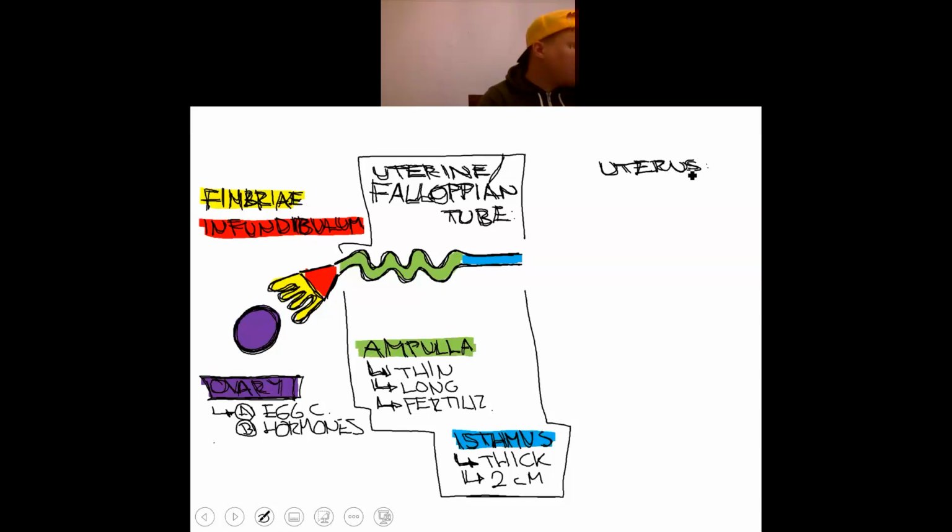The uterus is a direct continuation from our uterine tube, and there are a few different parts of the uterus that I do want us to notice. So I'm going to add them to this diagram. Let's start with the roof of the uterus, which is going to be called the fundus.